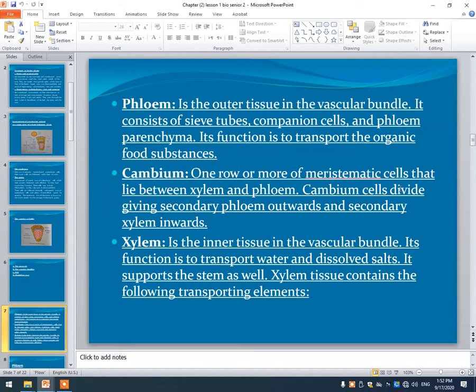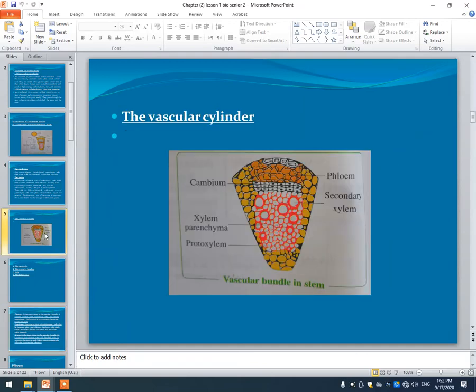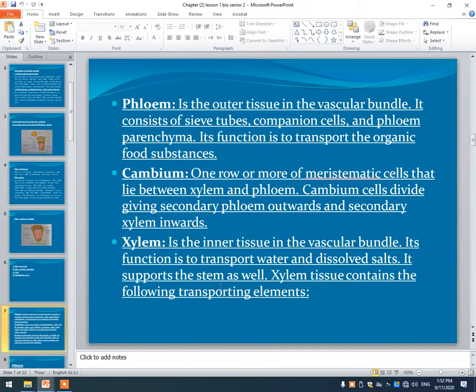Cambium cells divide, giving secondary phloem outward and secondary xylem inward. Again, the function of cambium: it divides, giving secondary phloem outward, secondary xylem inward.